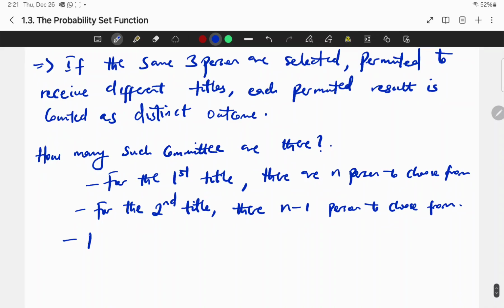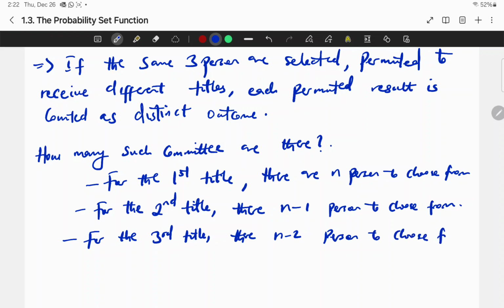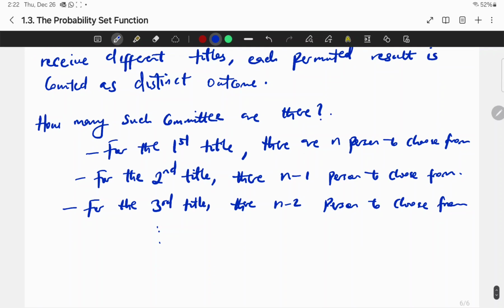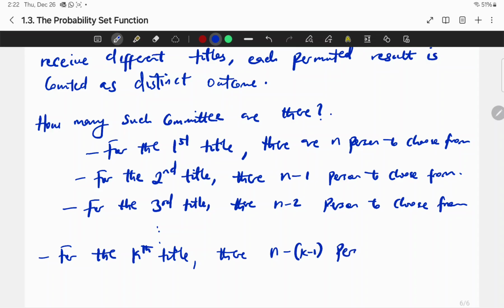So for the third title, we have n-2 persons to choose from. So dot dot dot. If we have the kth title, then we're going to have n minus k plus 1 persons to choose from.